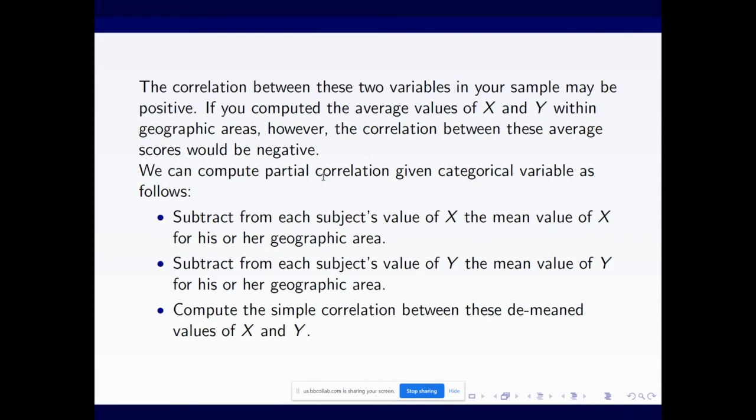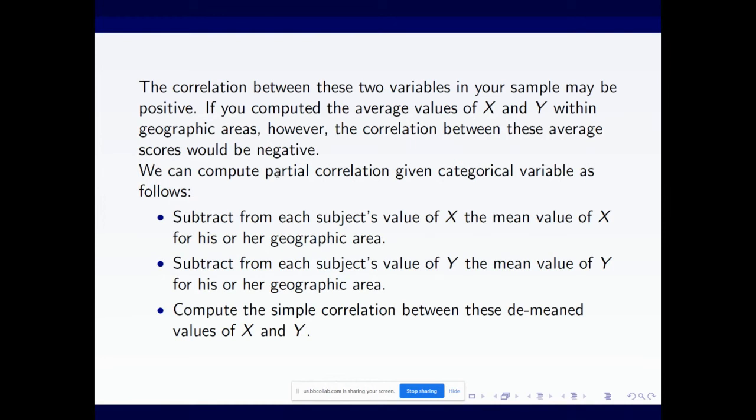So we have to consider the geographic area as a confounder, and then we have to compute the partial correlation controlling the effect of the geographic areas.